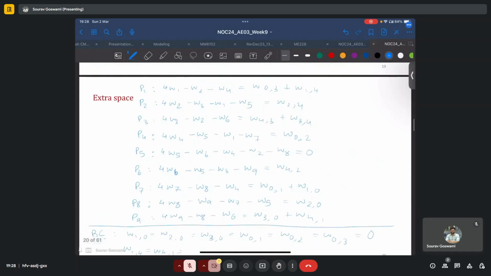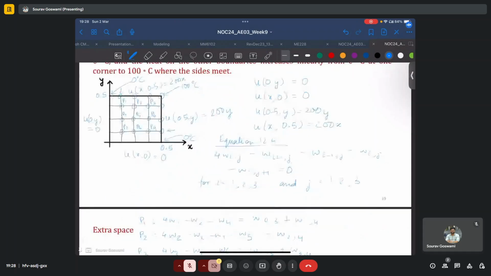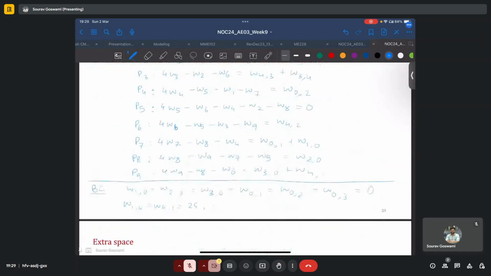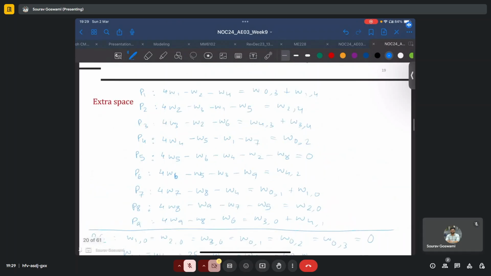So this point and this point, and here, because of the linear variation of temperature, the temperature would simply be 25. Then at 2,4 and W4,2, where again because of linear variation this will be 50. W3,4 and W4,3, it is equal to 75. And W4,4, we know that it is 100.